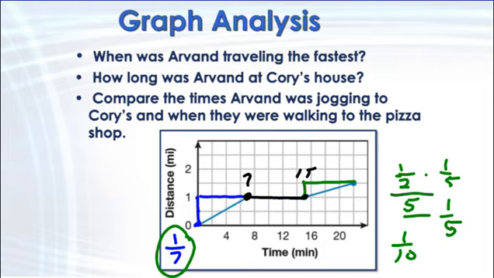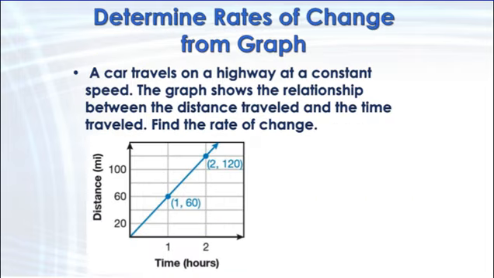Now let's take a look at determining rates of change from a graph. Here it says a car travels on a highway at a constant speed. The graph shows the relationship between the distance traveled, that's your y-axis, and the time traveled, your x-axis. Find the rate of change. So to find the rate of change, we're going to look at our change in our distance.